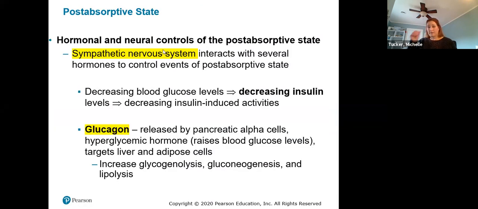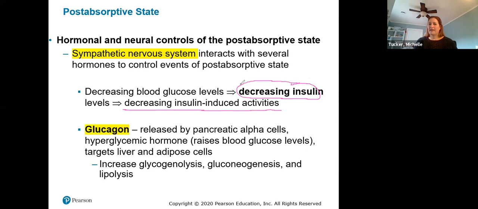Hormonal and nervous control of the post-absorptive state. As I mentioned, this is going to be much more complicated. It's got three main players. One of the main players is that there is a pretty low level of insulin, and that is going to decrease insulin-induced activities.